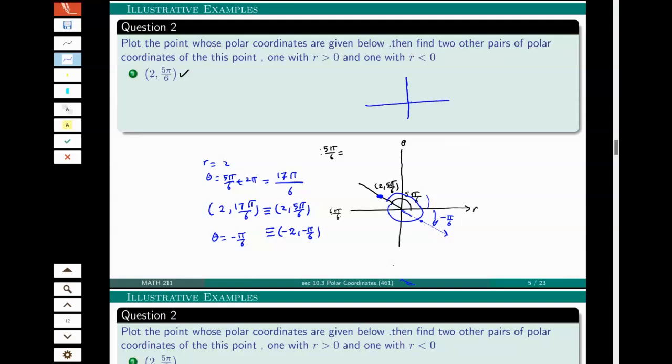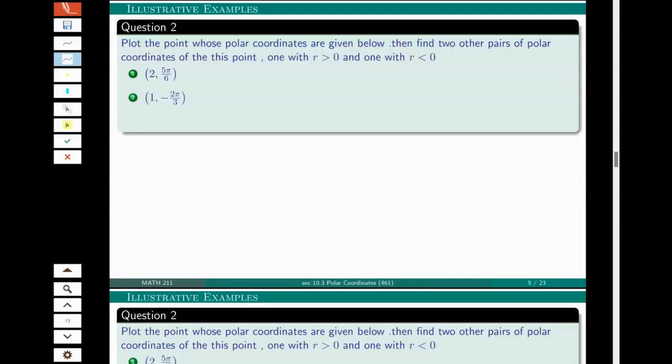If this is the angle beta and the r here is positive, the same thing will be negative r and beta. If this is the positive direction, negative means the opposite direction. So if this is minus pi over 6, that will be plus 2, that will be minus 2. So they are equivalent.